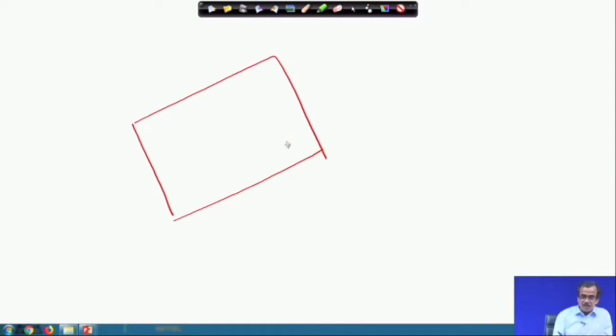Now, if you give the same task to an intelligent robot, it will first try to find out the free space on the board where it can write the word. The board could be something like this. This is not the free zone.